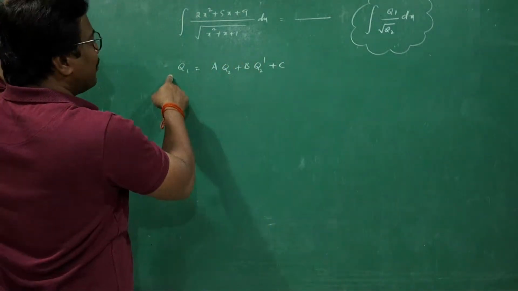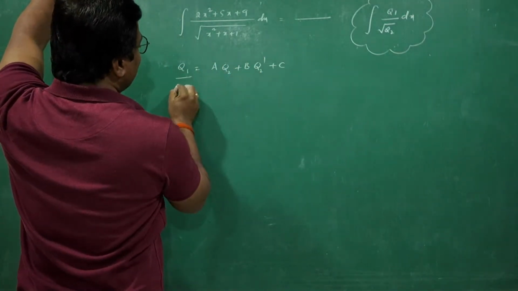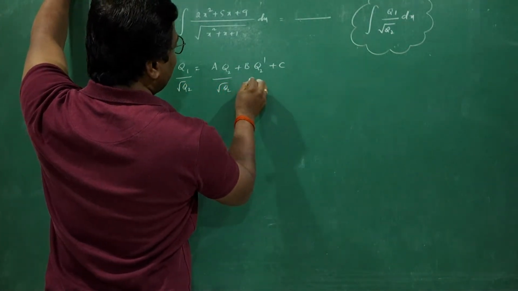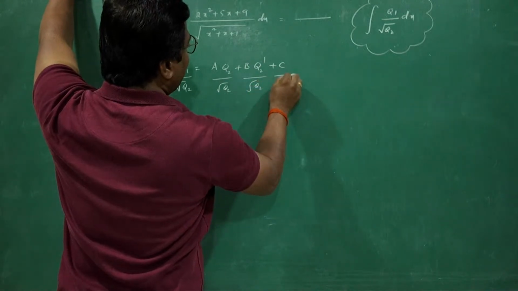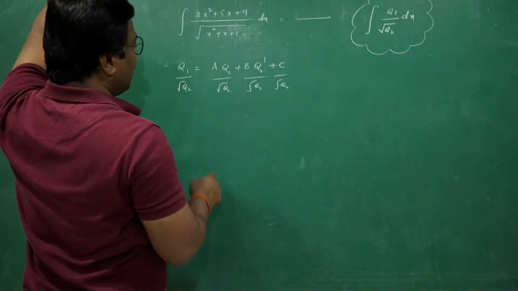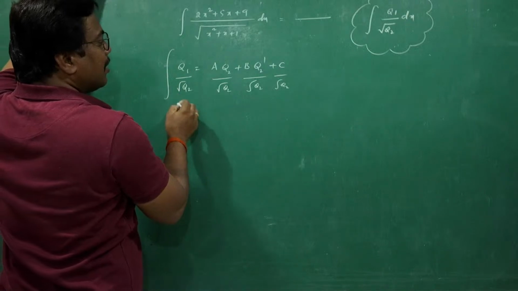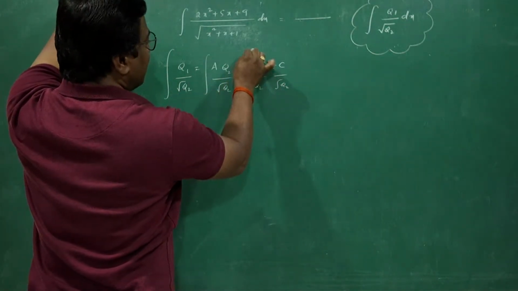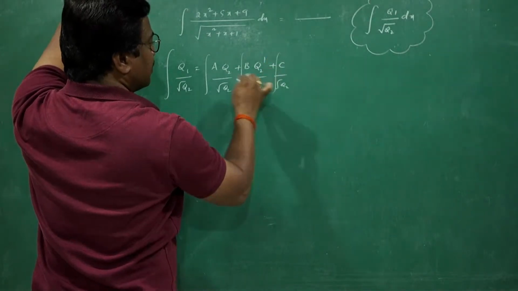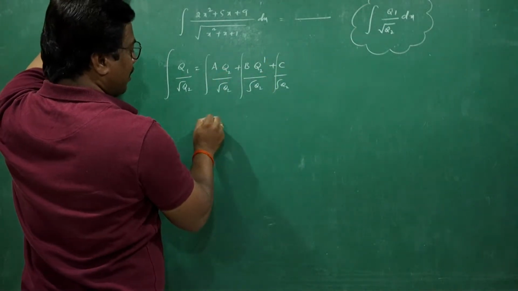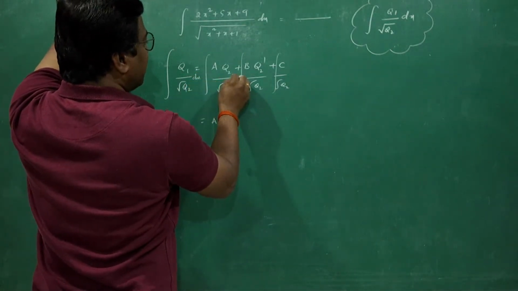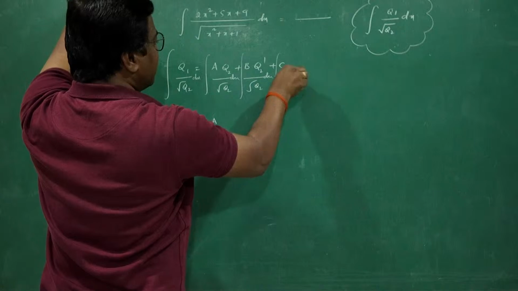When you write q1 in this form and divide by root over q2, observe, root over q2 here, root over q2 here and root over q2 here. Now this question separates into 3 portions on integration, dx, dx, dx.